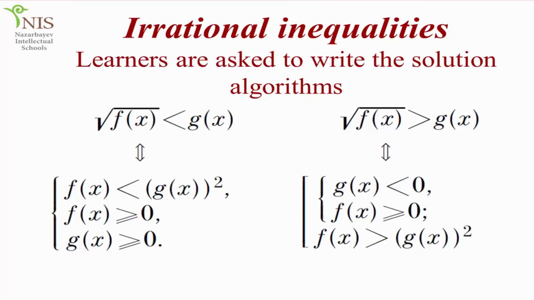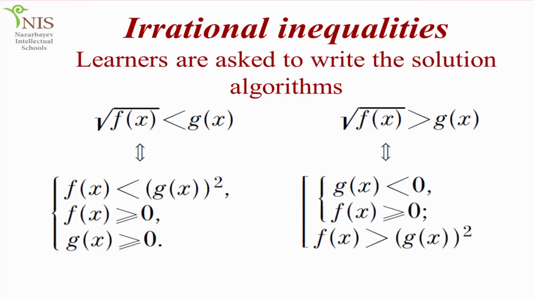So in the first case, if the square root of f of x is lower than g of x, we take the square of both sides, and f of x should be bigger or equal to 0, because under the square root we cannot have a negative number. And the right part, g of x, should also be bigger or equal to 0.